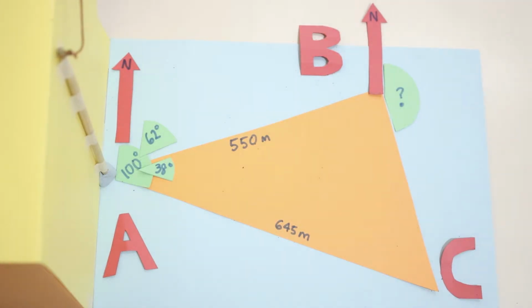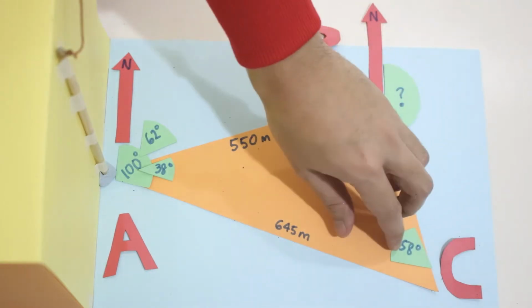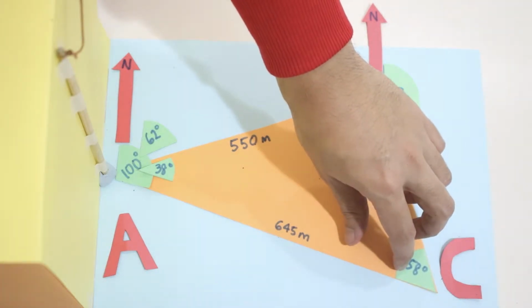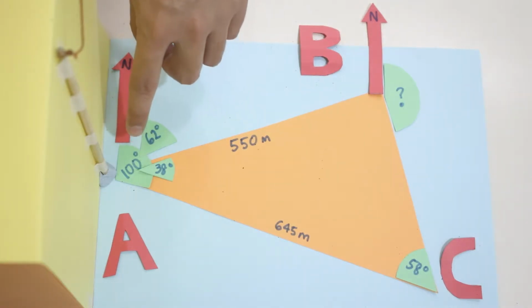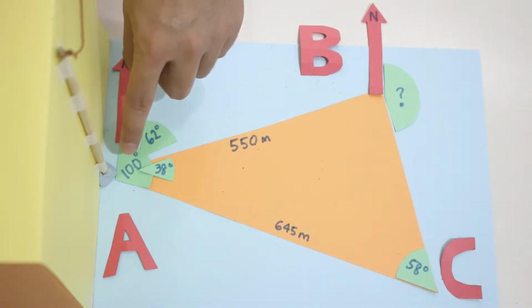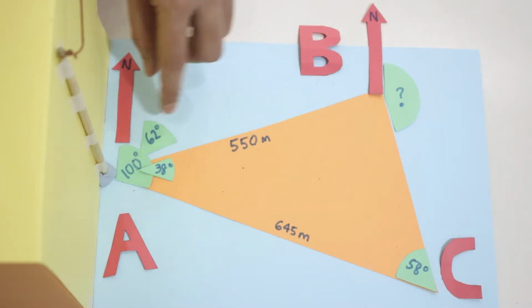What are other angles that we know? We know that from the earlier calculation, the angle ACB is 58 degrees. And the angle here, which is 100 degrees, will be split.